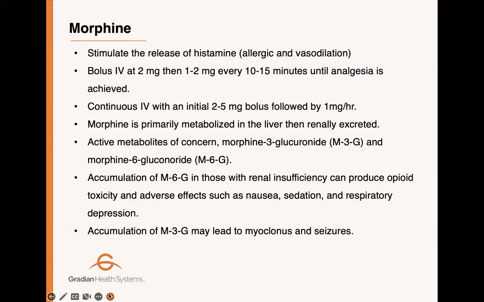The issue with morphine is that it has a metabolite which tends to be more potent than the parent drug. Because morphine is usually excreted through the kidneys after liver metabolism, it can accumulate in patients with renal failure. And we know that some of our ICU patients can have renal impairment.